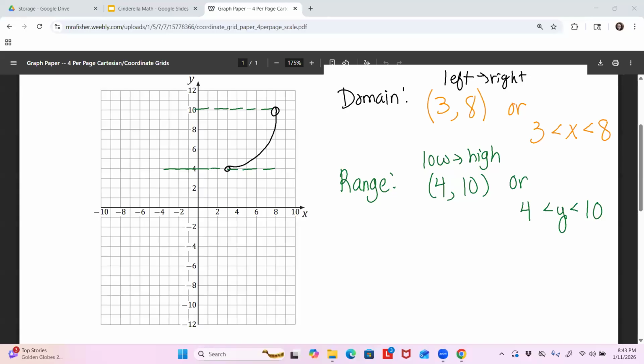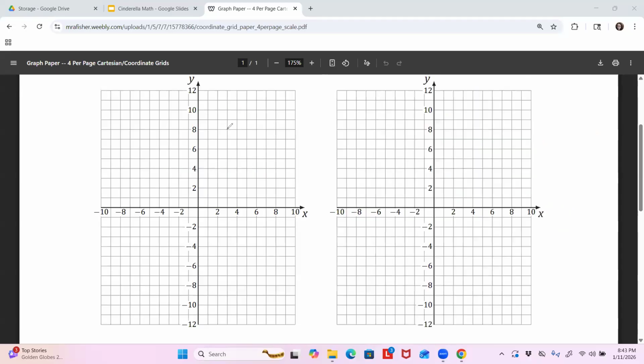Okay, let me do one that's connected. So like a circle. I know that's not a great circle. Bear with.